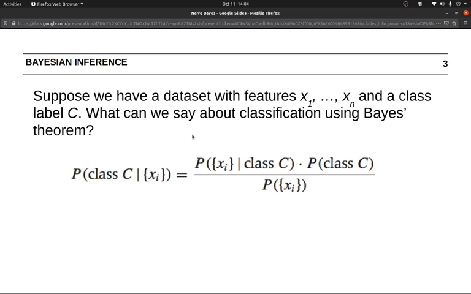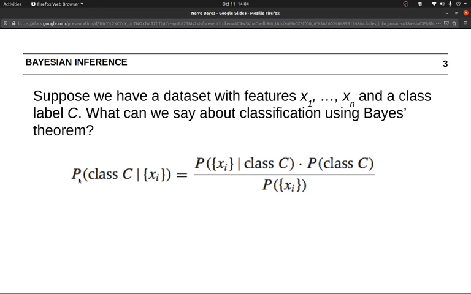If we have to understand probability of the class C given a set of feature vectors x1, x2, x3 and so on up to xn, let's denote it by xi for ease of representation. To calculate this probability, I would use Bayes' theorem and then convert this into prior probabilities and evidence.